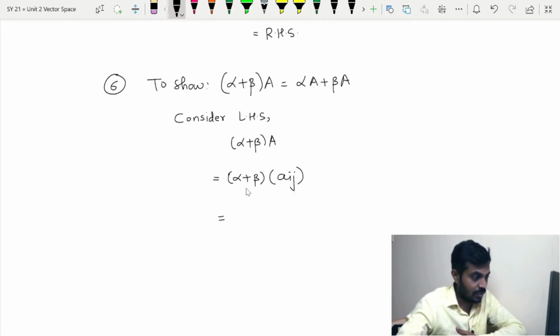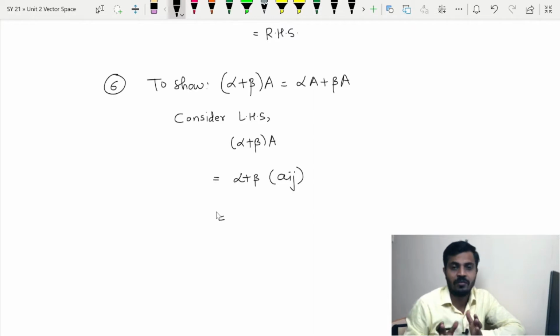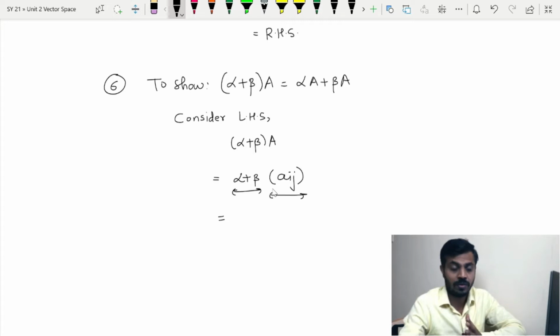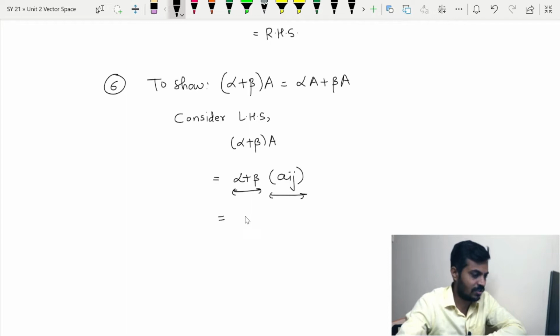Now this alpha plus beta is nothing but one scalar. My point is, if you have two real numbers and you add them, let us say 5 and 10, after adding you will get 15, and that is also a real number. In a similar way, this is a scalar now, and you have a matrix here. So over here we are supposed to use the definition of scalar multiplication, and after using that we will get alpha plus beta, and inside we will have Aij.